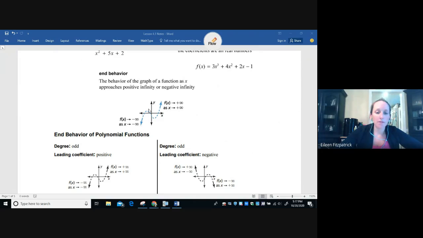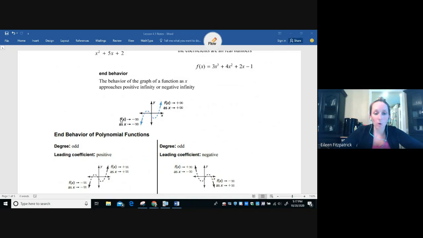All right, the end behavior down here, think to yourself, it's going down and to the left. So what's happening to your y values when they're going down? They're getting negative. What's happening to your x values when you're moving to the left? If you're moving along the x axis to the left, the x's are getting negative.